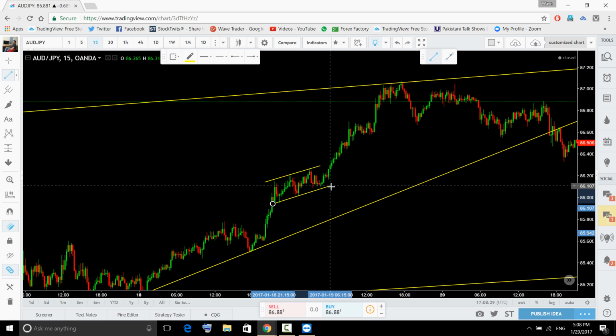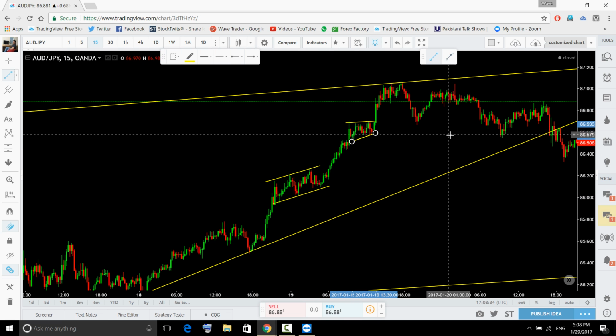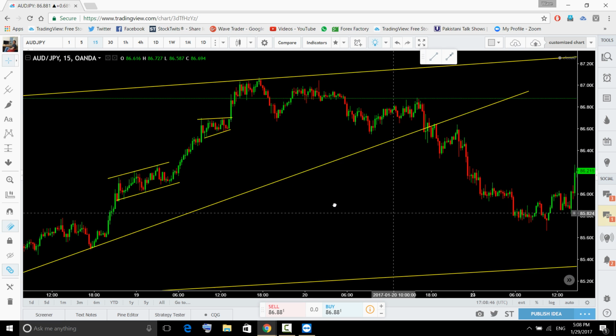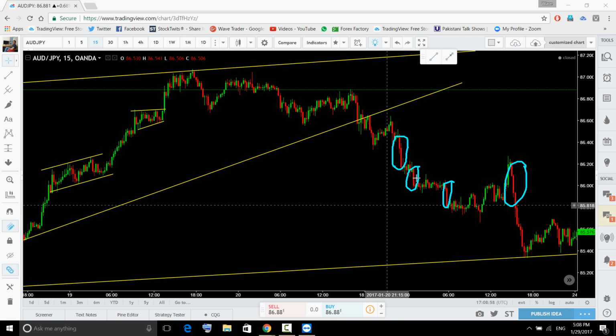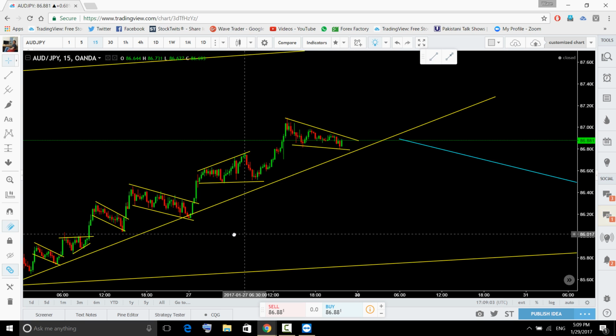Continuation, continuation. And here you guys can see some price action at this place. This price action was giving you an indication that it is going to continue to the downside. Impulsive moves, you guys can see that. So you need to look for the same price action here at this place.